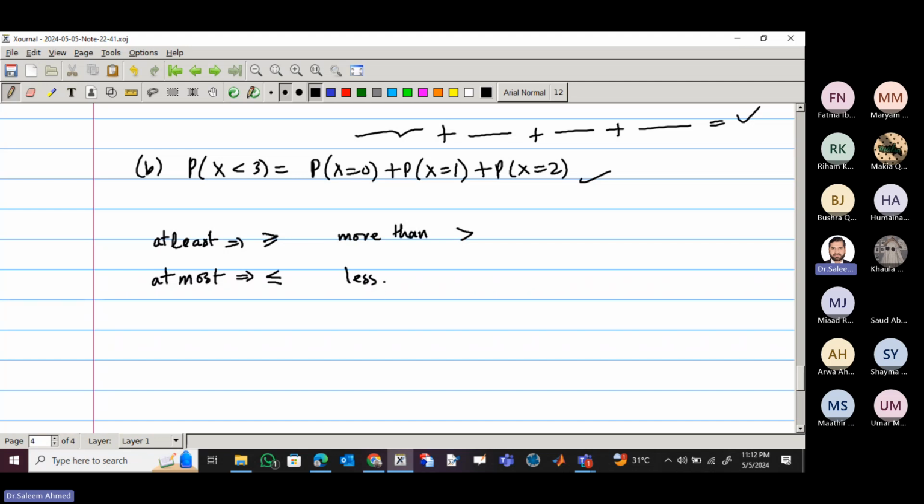If they say less than or fewer than, then it is without equal. So less than and at most both have a less-than sign, but at most has equality, and less than does not. Similarly, more than has greater than, and at least also has greater than, but at least also has the equal sign. It means the end points will be included in at most and at least.